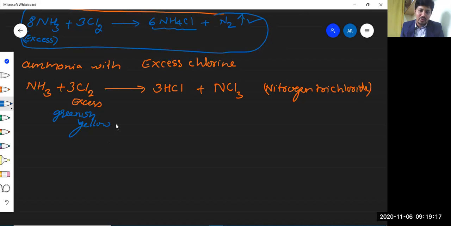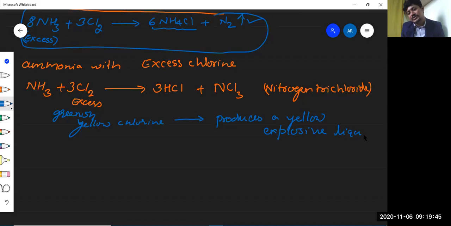Greenish yellow chlorine gas with colorless ammonia produces a yellow explosive liquid. Which is that explosive liquid? You should remember that it is nitrogen trichloride.